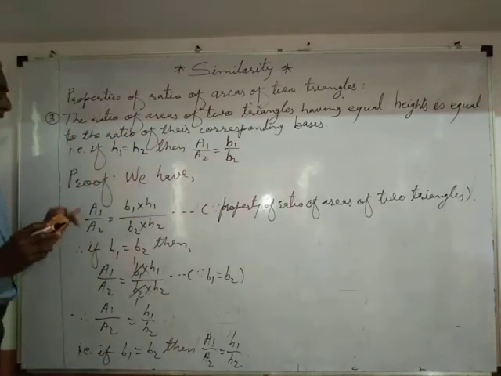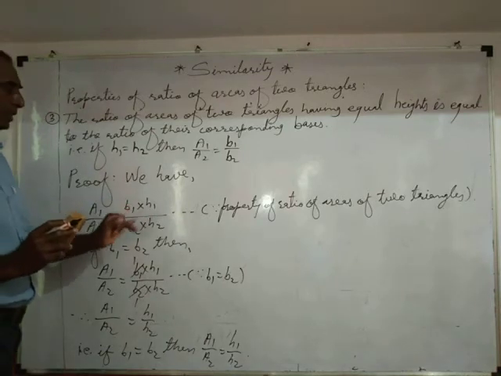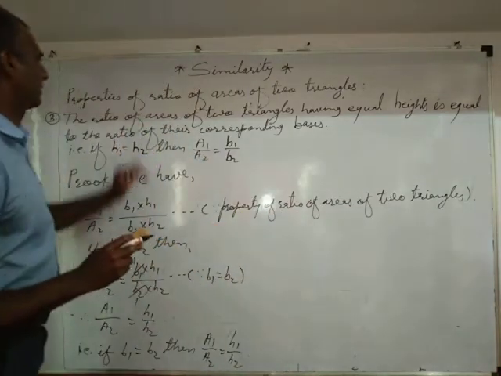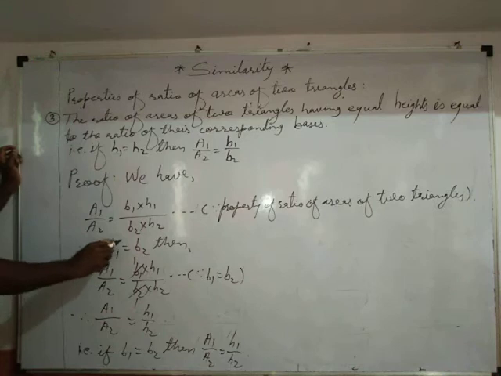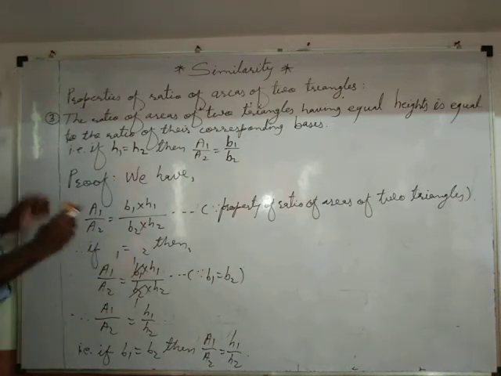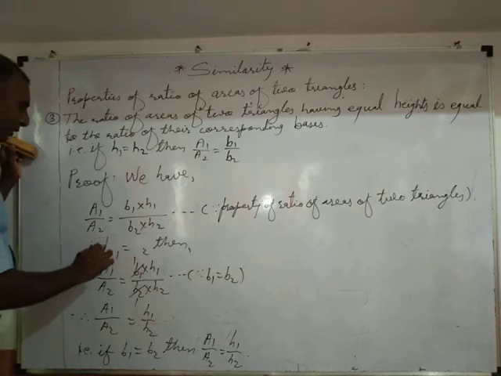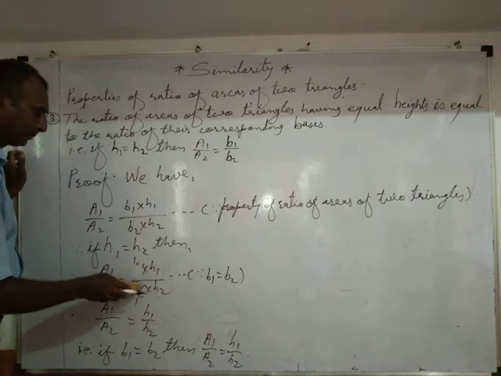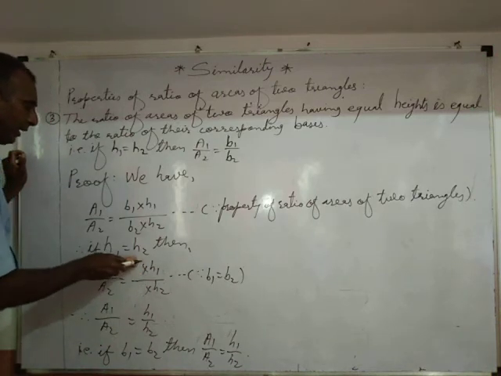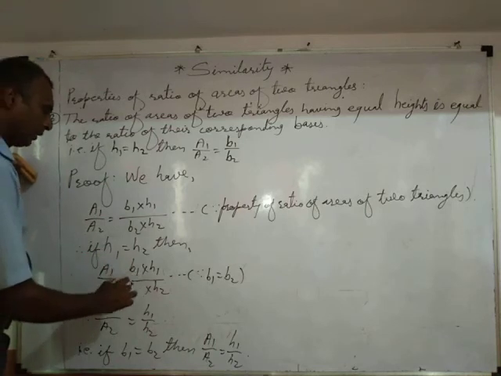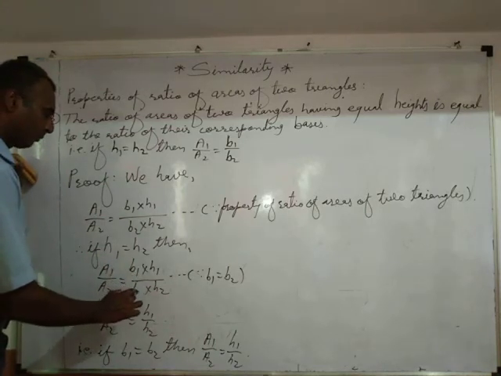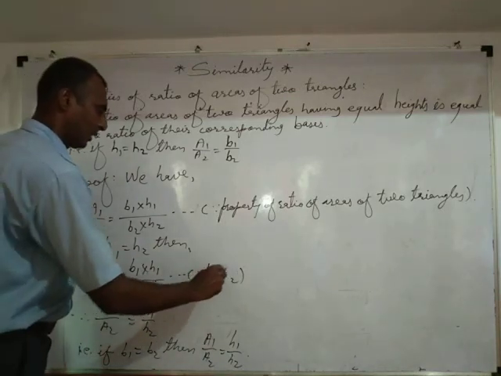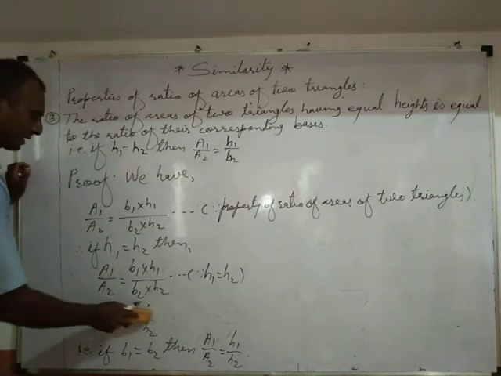Proof: we have A1 upon A2 equals B1 into H1 upon B2 into H2, since property of ratio of areas of two triangles. Now in this case, H1 equals H2 means these are the triangles having equal heights. If H1 equals H2, then as we have a formula, A1 upon A2 equals B1 into H1 upon B2 into H2, and as in this case H1 equals H2, we can cancel.